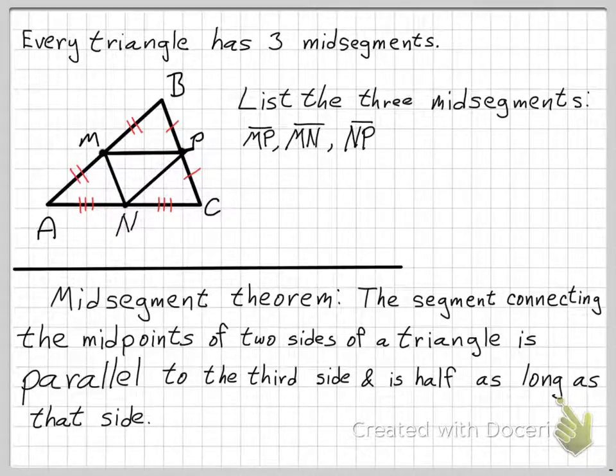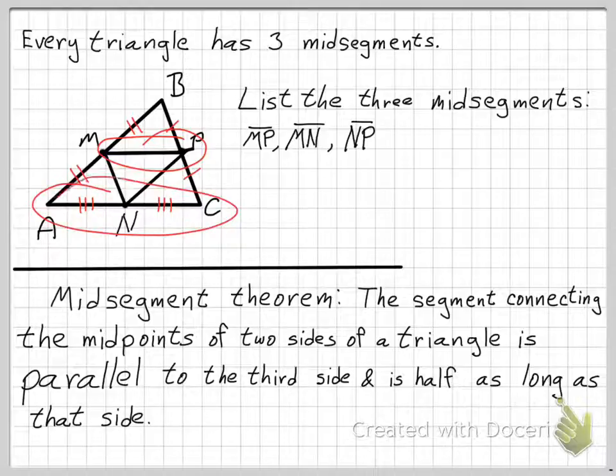Then we have the mid-segment theorem. Now that you know what a mid-segment is, does it have any properties? Yes, it does. The segment connecting the midpoints of two sides of a triangle is parallel to the third side and is half as long as that side. Let's look at MP, for example. MP is going to be parallel to AC.